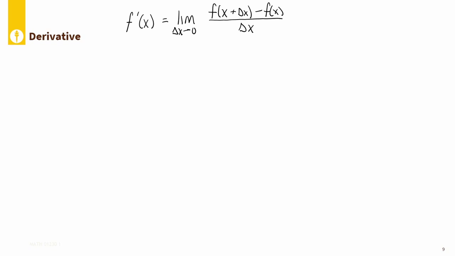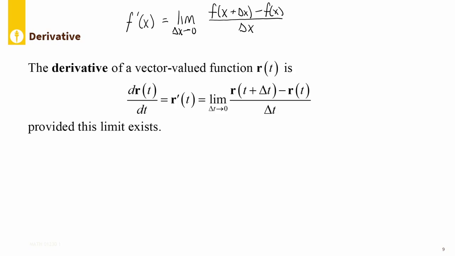It's still a vector, but the derivative with respect to t of each component. So you jumped ahead. That's actually how we're going to evaluate it. It's the derivative of each component. So that's how it's evaluated. The definition is the same, except we replace f with r.